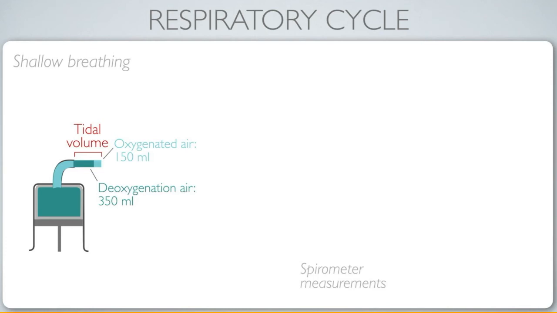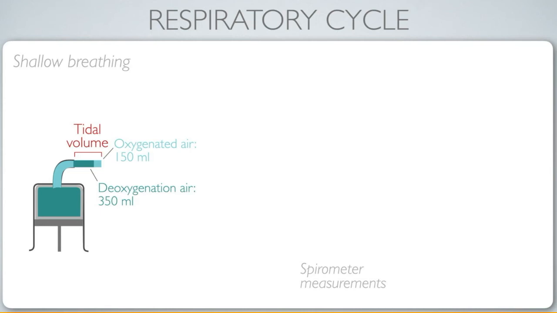Now, if we were to study the respiratory system and consider its performance, we'd be interested in how much exchange occurs. In the case of the cardiovascular system, we had the cardiac output, which was equal to the stroke volume times the heart rate.